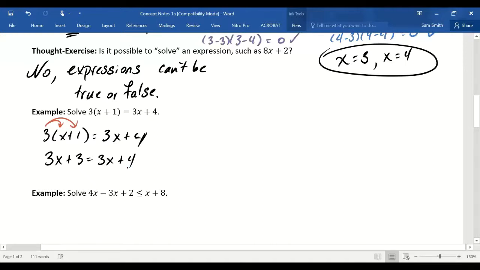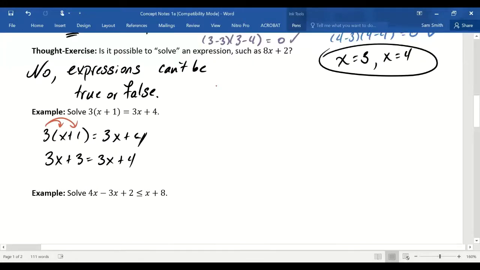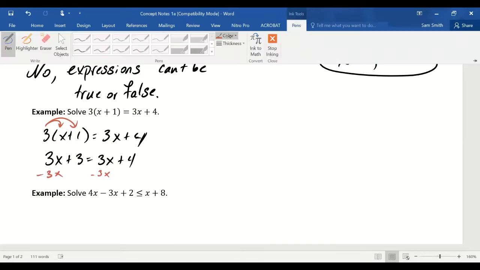And the next typical step is to try and get all of your like terms together on the same side of the equation. For example, to get all the x's together. When you try and do that, something unusual happens.